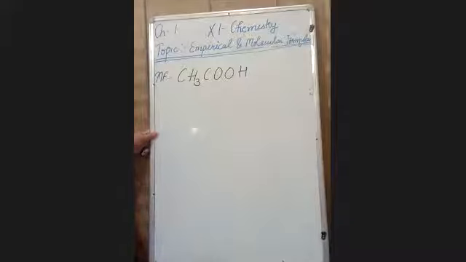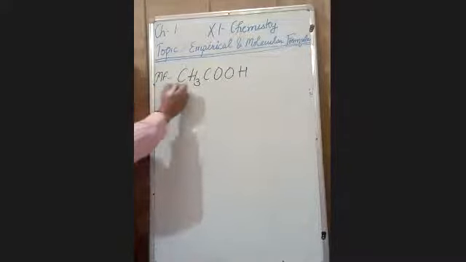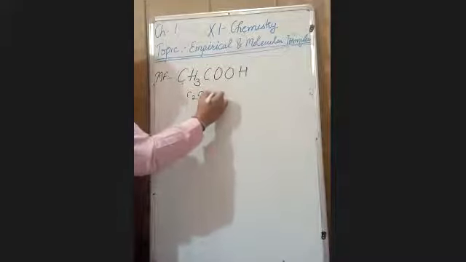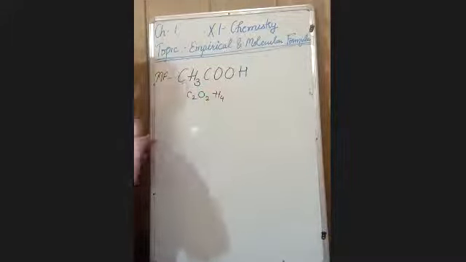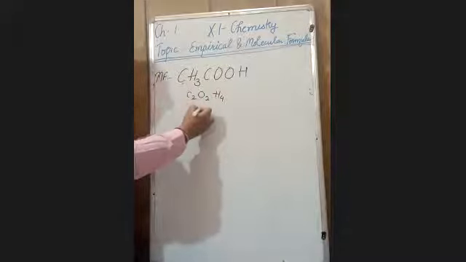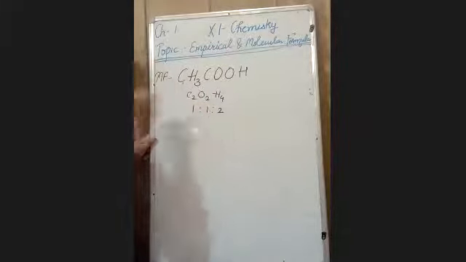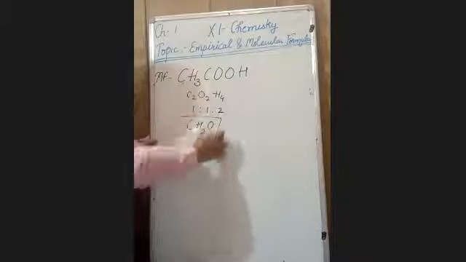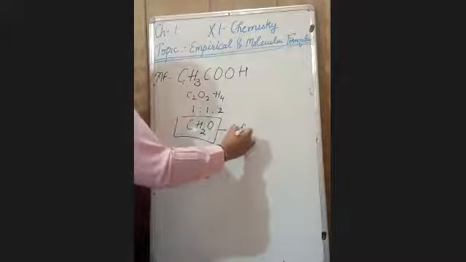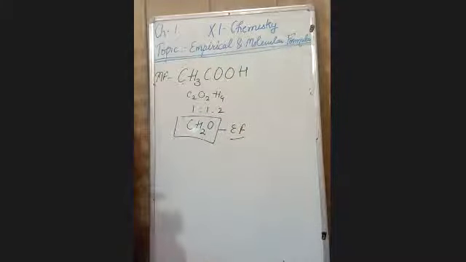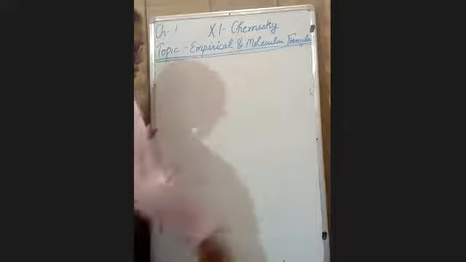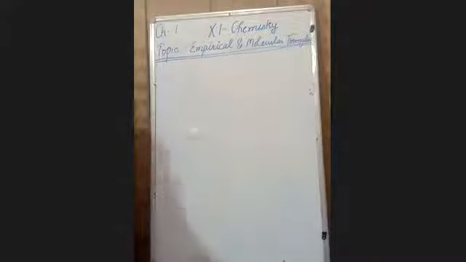But if I ask you to write its empirical formula, then in this there are 2 carbon, 2 oxygen and 4 hydrogen atoms present. So their ratio will be 1:1:2. It will be CH2O. This is the empirical formula of acetic acid, and this is the molecular formula of acetic acid. Now, this is a simple definition.